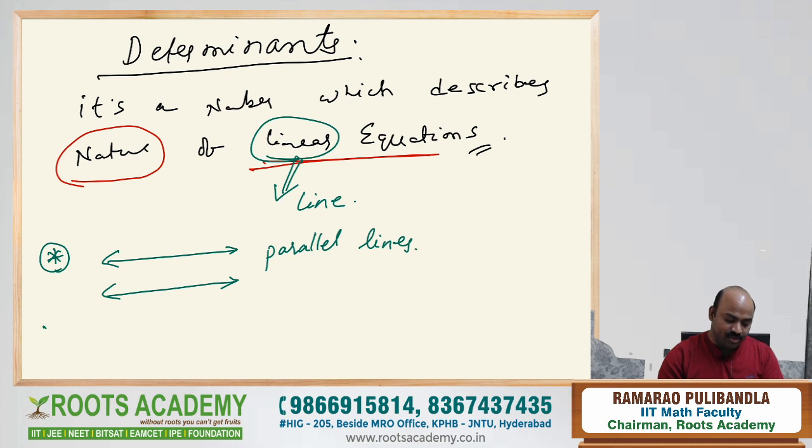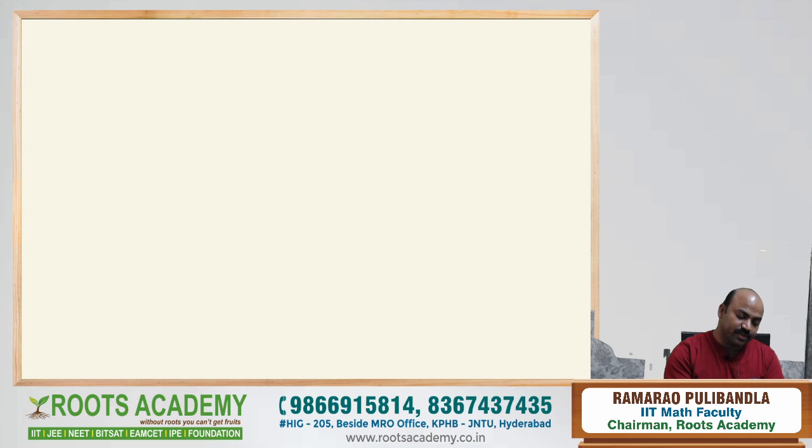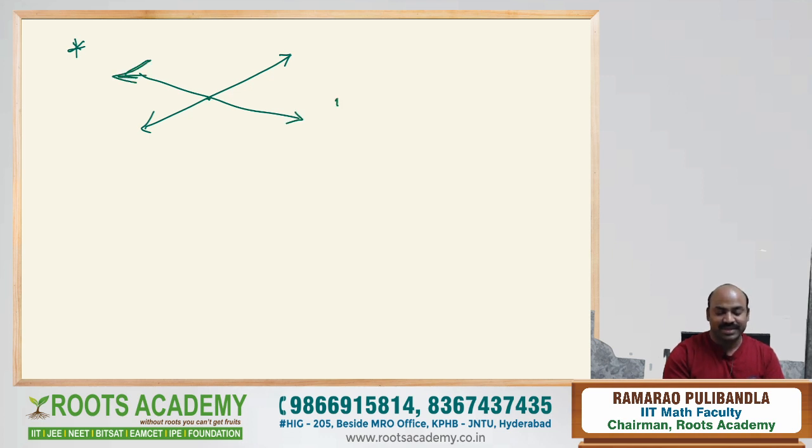Case 2, both may coincide with one another. These are called coincident lines. The third one, students, they are called intersecting lines. Students, all of you getting this? The third one is called what? Intersecting lines.